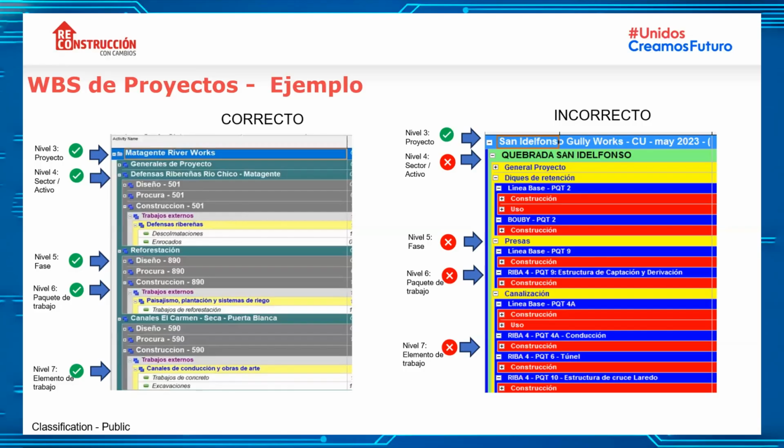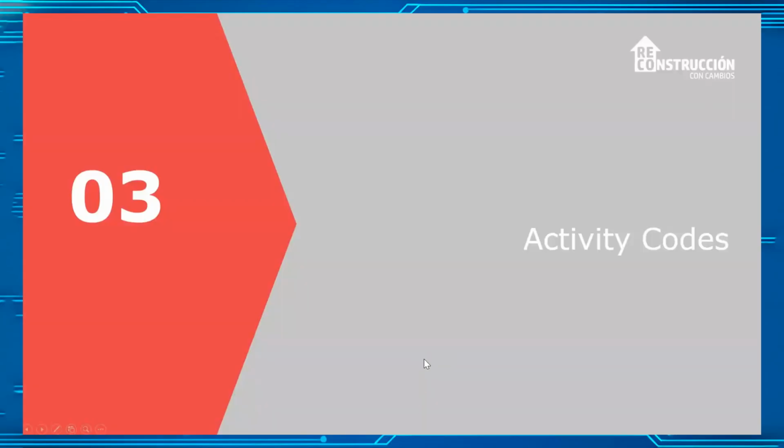But it's important to respect the WBS up to level 7, which is the element of work. Now I hand over to Alfredo, who is going to introduce the next topic.